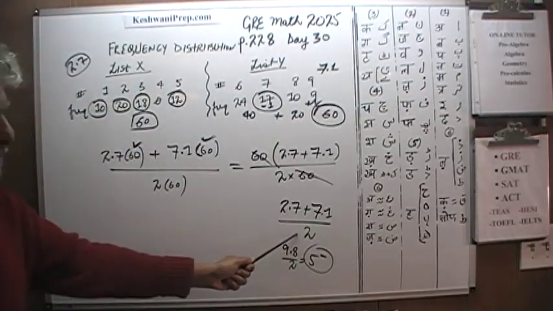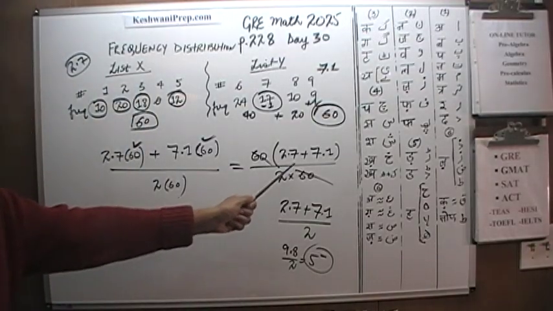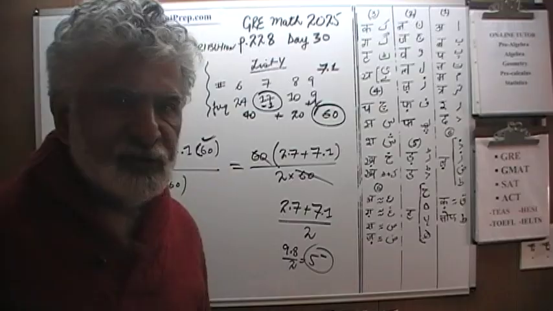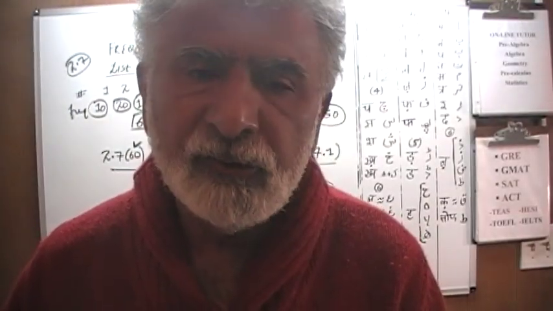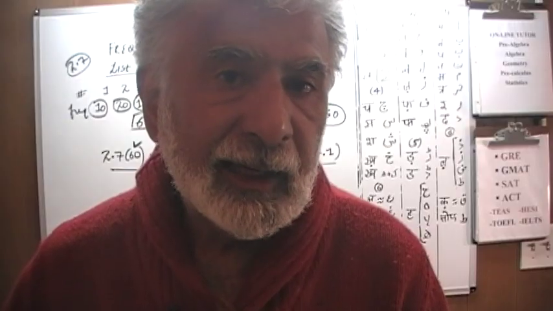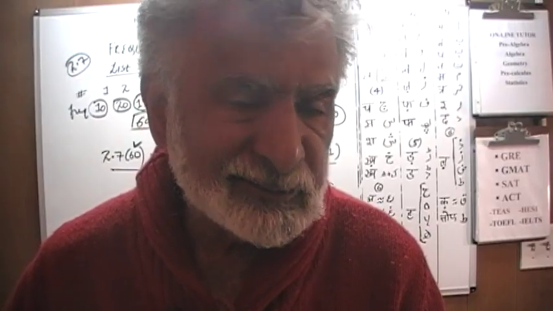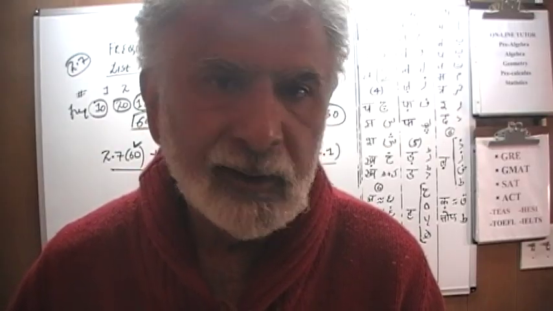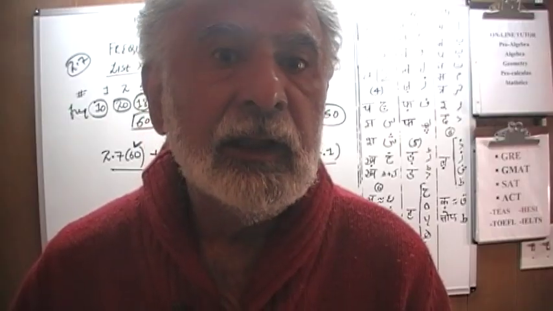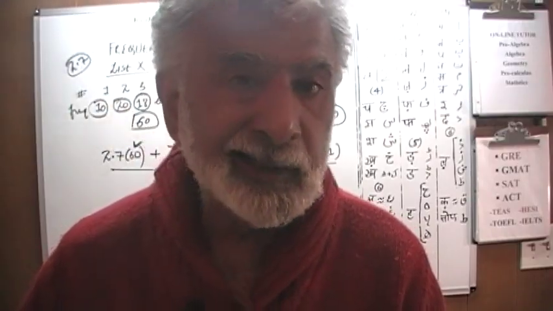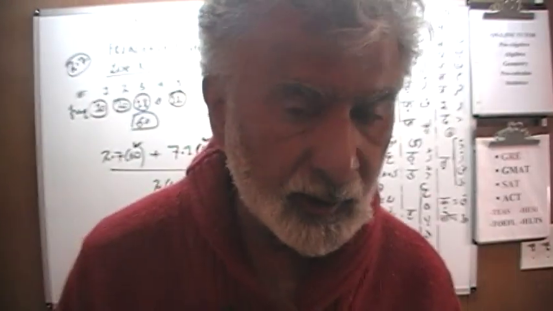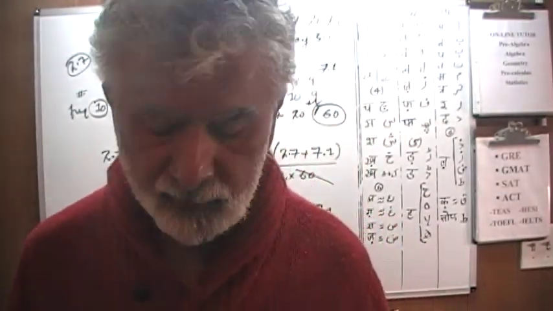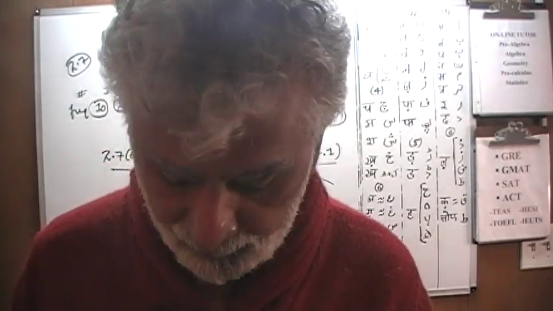We are left with exactly what we have here, which is exactly why the combined average is simply the average of the two averages, because they have the same number of observations. Had the number of observations not been the same, it would have made our life miserable. But they will not do that, because obviously they are realistic. They know that we have a very limited amount of time to solve the problem. They will not give you something complicated, something nasty like that.